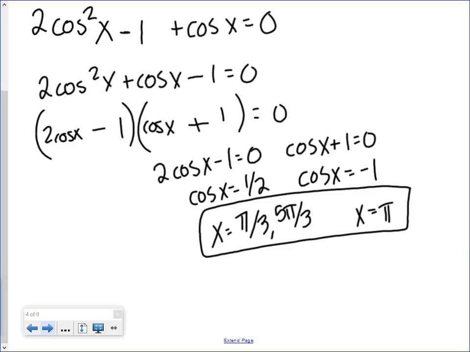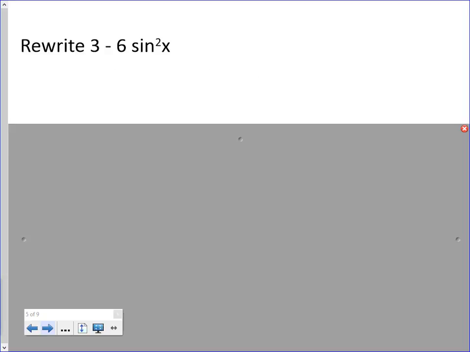Okay, another way we can use the double angle formulas is to rewrite or simplify some expressions. So we're going to rewrite 3 minus 6 sine squared x. And really the goal with these is for you to be thinking about and looking back at those formulas, like which formula does this look most like?